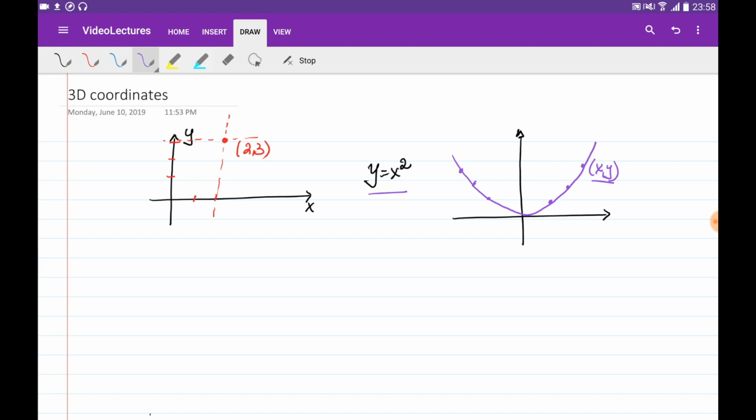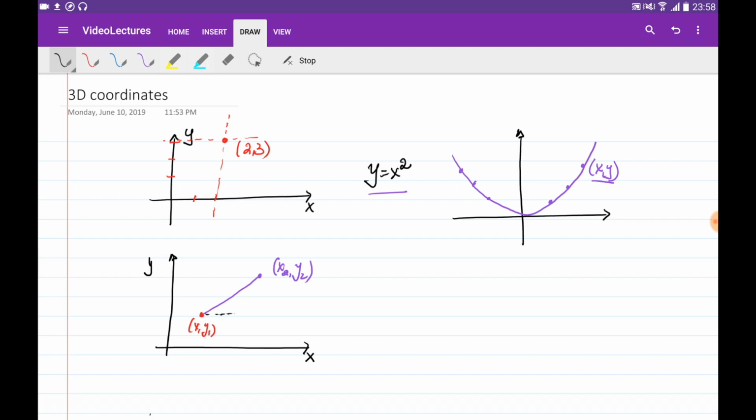It is also important for us to know how to find a distance in the two-dimensional coordinate system. If you're given 2 points in 2D, say one point with the coordinates x1 and y1, and the second one with the coordinates x2 and y2, the shortest distance between these 2 points can be found using the Pythagorean theorem.